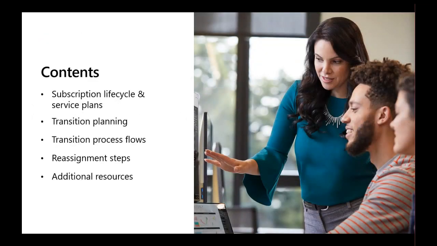All right, so for our agenda, we'll start off by reviewing the license subscription lifecycle process, including the various stages and what happens during each of those stages. We'll discuss service plans and service plan conflicts, how to account for these conflicts during the license transition, and how to help prevent potential user impact. We'll review how to prepare for the license transition through identifying the current license management processes and making sure that you're considering the right questions to determine the license mapping requirements, providing validation that you have the necessary quantities of licenses.